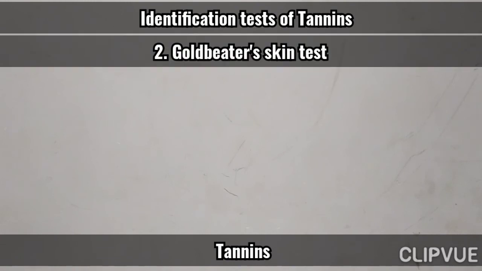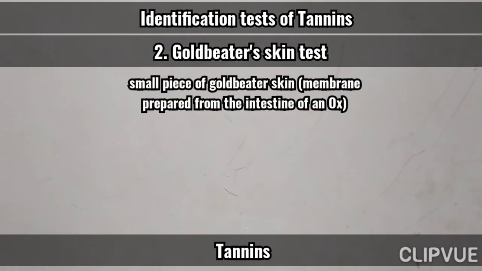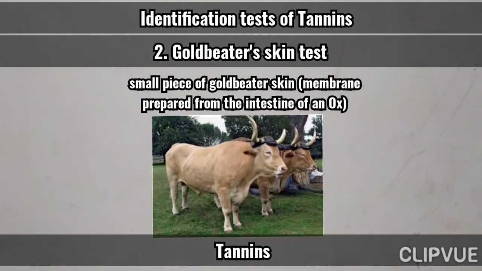Second one, gold beater's skin test. A small piece of gold beater's skin. Actually, gold beater's skin is nothing but a membrane prepared from the intestine of ox.